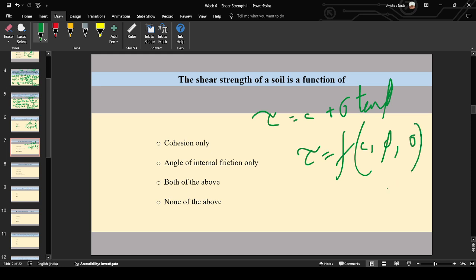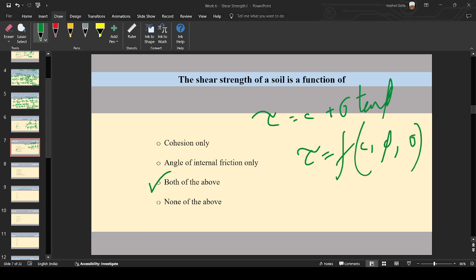Here I have asked: function of cohesion only, angle of internal friction only, both of the above, none of the above. It will be both of the above, because c and phi are included in the function. So the shear strength is a function of both cohesion and angle of internal friction, these being the material properties of the soil. Okay, next question.